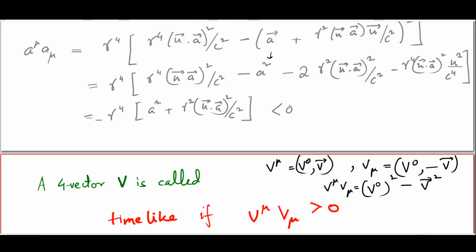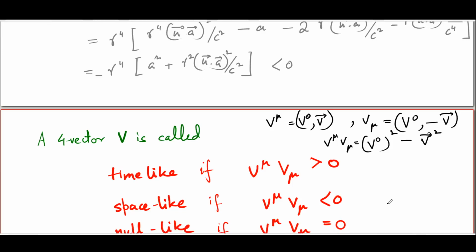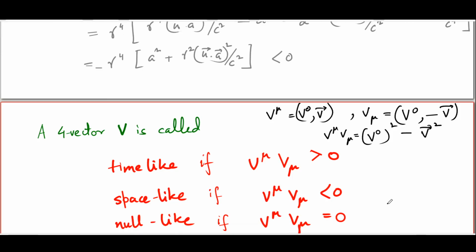If this quantity is positive, that means the V0 term dominates, has a larger size, so it's natural to call this time-like. Similarly, if this is negative, then the spatial part, the size of the vector V, dominates over the magnitude of V0. So V upper mu, V lower mu less than 0 defines what is called a space-like vector. And finally, a null-like, also known as light-like 4 vector is one for which the inner product with itself is exactly equal to 0.